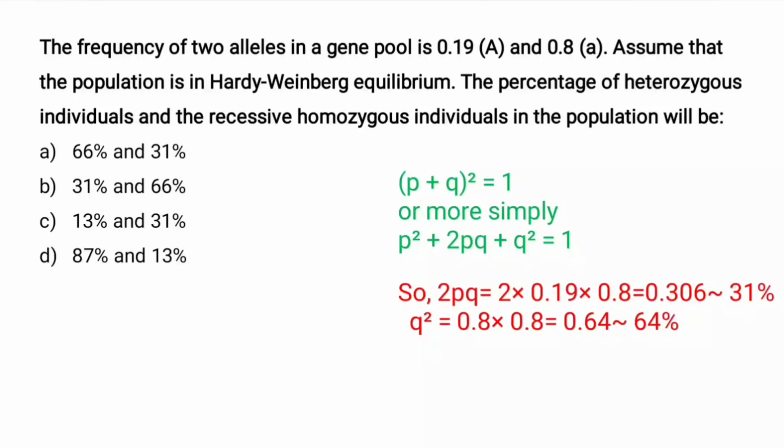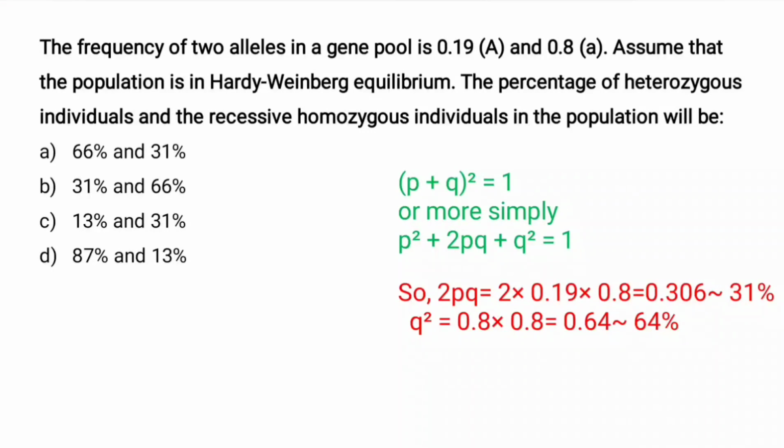These influences include genetic drift, mate choice, assortative mating, natural selection, etc. Hardy Weinberg equilibrium is depicted by the equation (P plus Q) whole square equal to 1, which can be expanded as P square plus 2PQ plus Q square, where P square is the frequency of homozygous dominant individuals, 2PQ is the frequency of heterozygotes, and Q square is the frequency of homozygous recessive individuals. In this question, we need to find the heterozygous and homozygous recessive individuals.